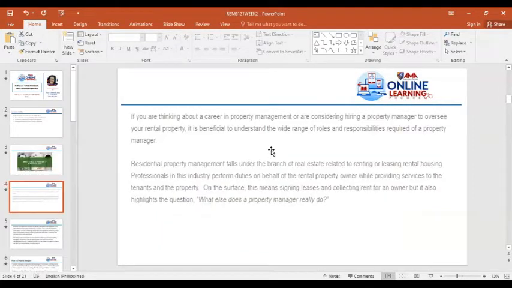If you're thinking about a career in property management, or you are considering hiring property managers to oversee your rental property, it is beneficial to understand the wide range of roles and responsibilities required of a property manager.